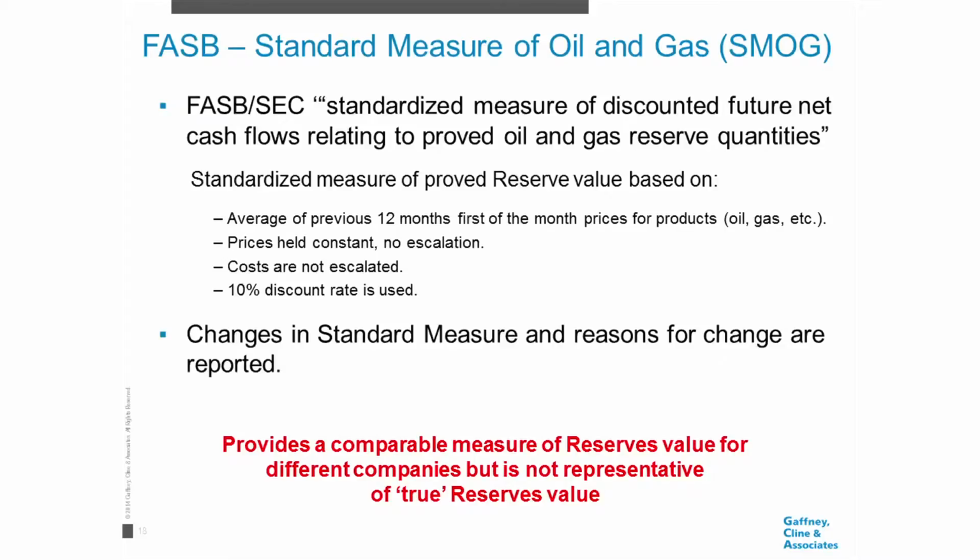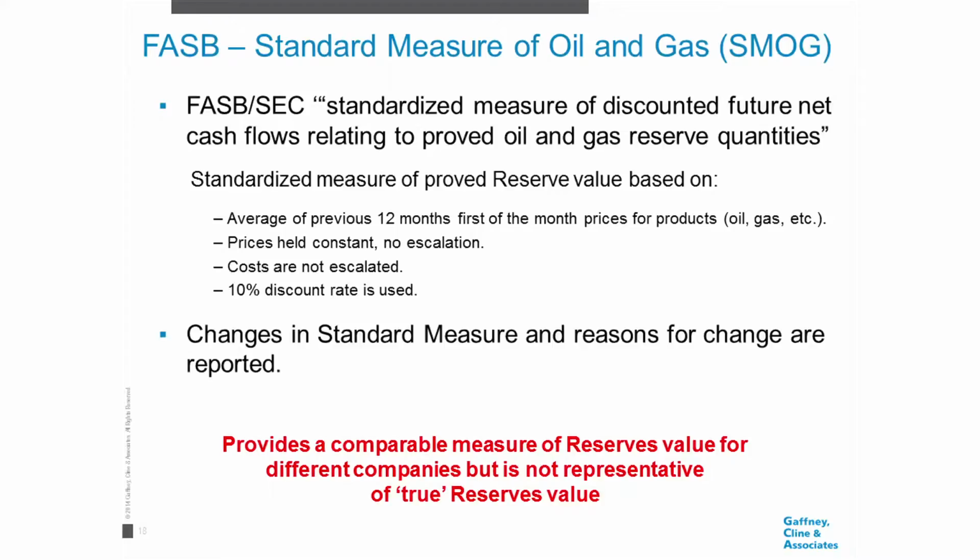There's something in the US called the Standard Measure of Oil and Gas, often called the SMOG. It's actually a requirement of the Financial Accounting Standards Board in the US. And it's a method that they have adopted that tries to give a standard measure of reserves value.